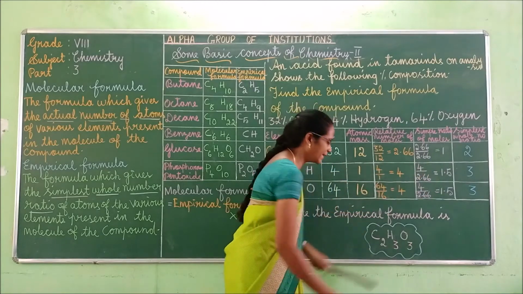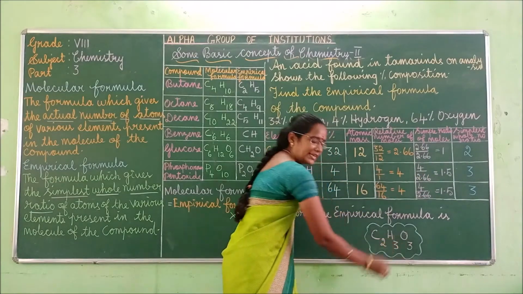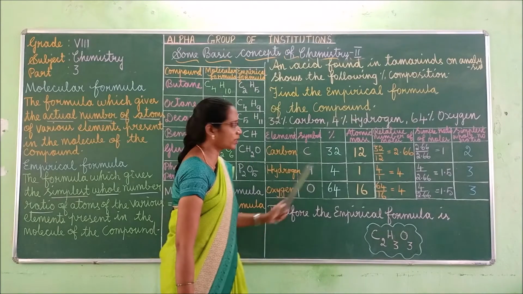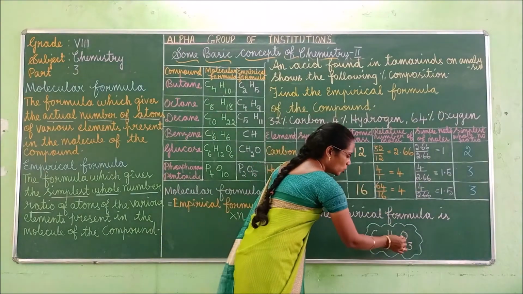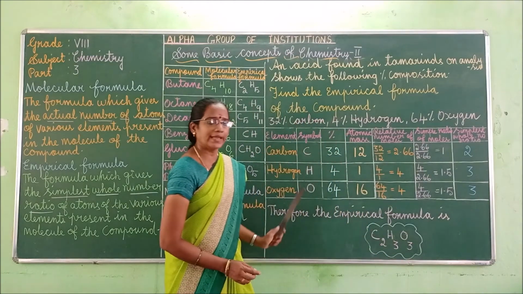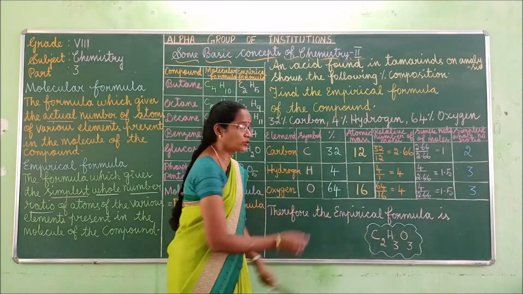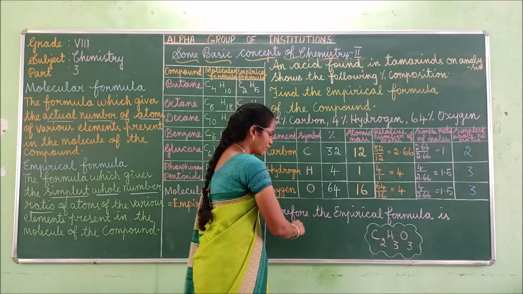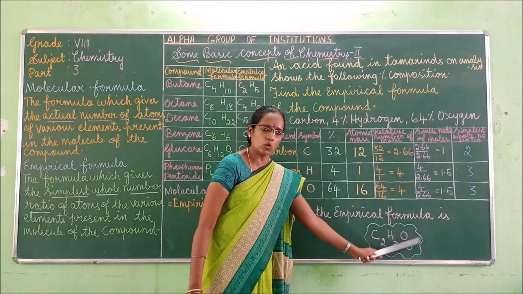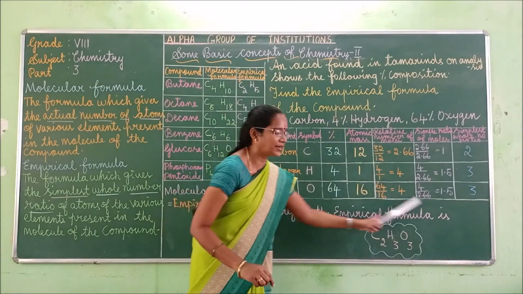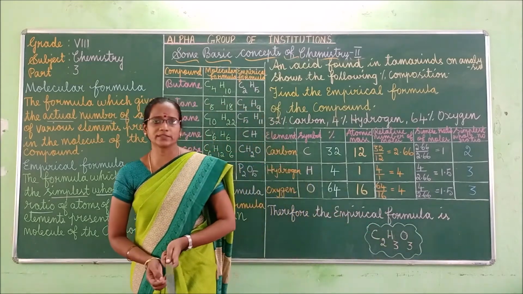It is 3, isn't it? So put H3. Next, for oxygen, what is the simplest whole number ratio? It is 3. So O3. Therefore, the empirical formula is, you have to mention this line also: Therefore, the empirical formula is C2H3O3. You have to highlight the empirical formula like this.